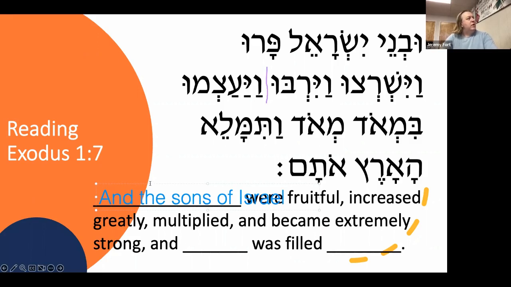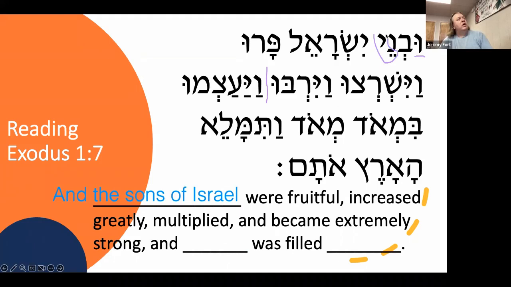Okay, so you got it? So conjunction, we have another. Do you see how common these construct forms are? They're kind of the key to everything. Paru is from peri, it means fruit.